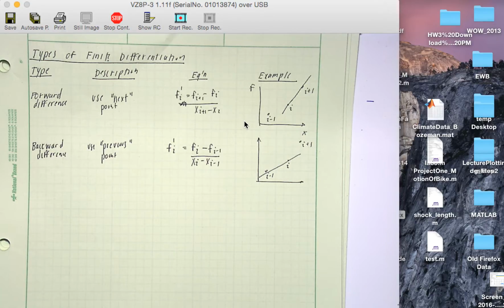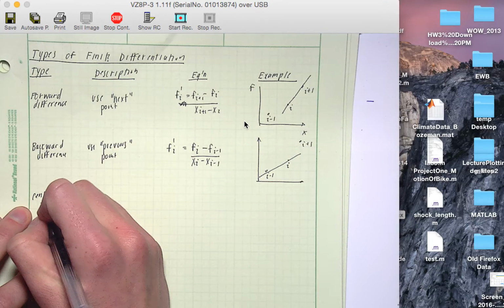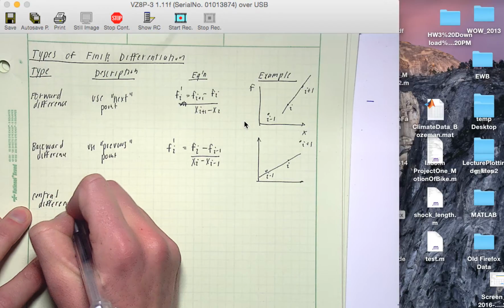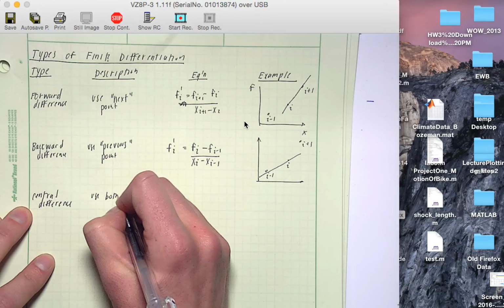So who has an idea of something we could do better than a backward or a forward? Yeah, an average, a central. Use both. So central differences use both neighboring points.